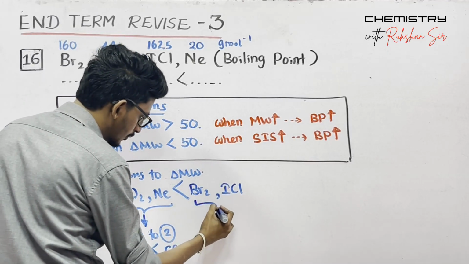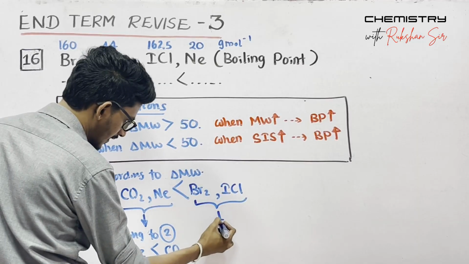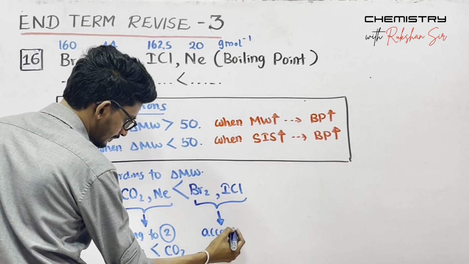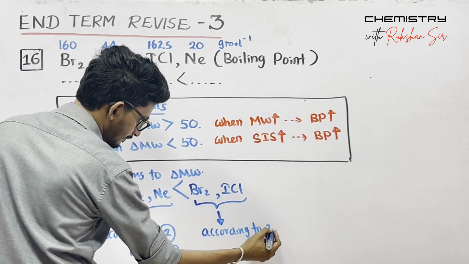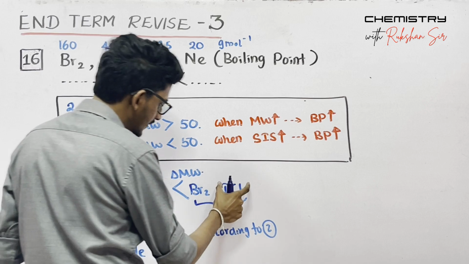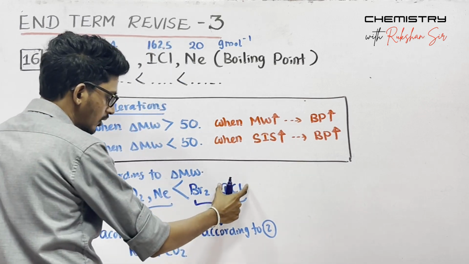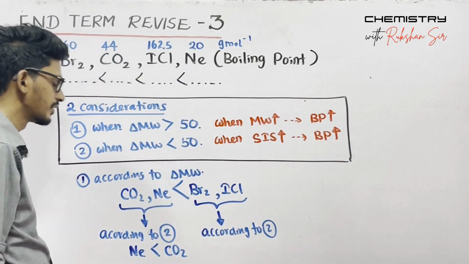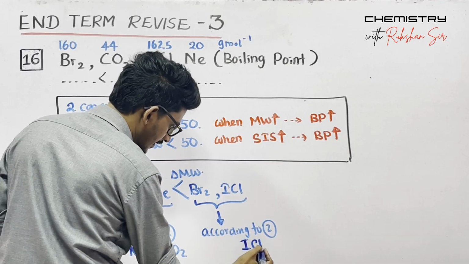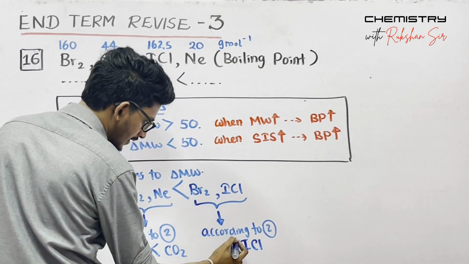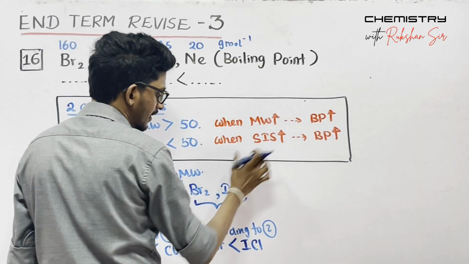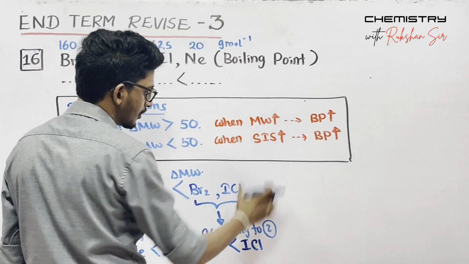So when it comes to these two, again we have to come up with the second fact. ICl has dipole-dipole interactions, while Br2 just has London forces. A dipole-dipole interaction containing species is with a greater boiling point than the species with London forces, because the strength of dipole-dipole interactions is greater than that of London forces.